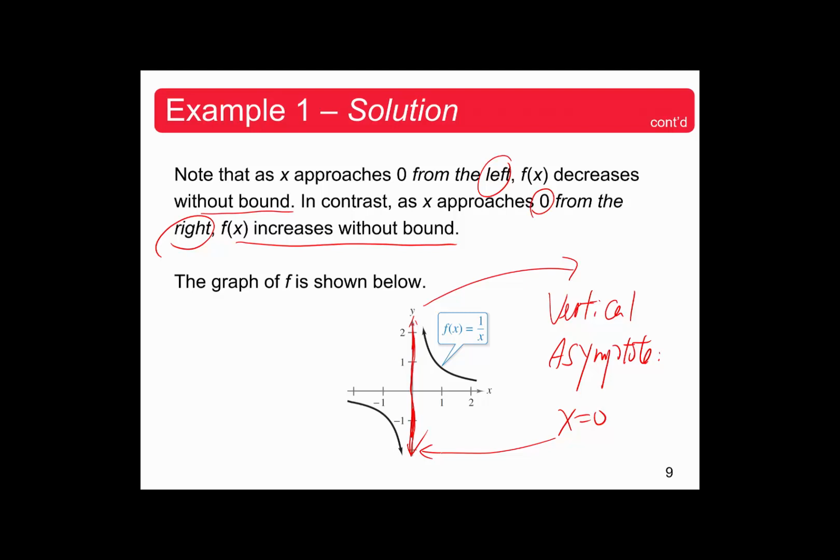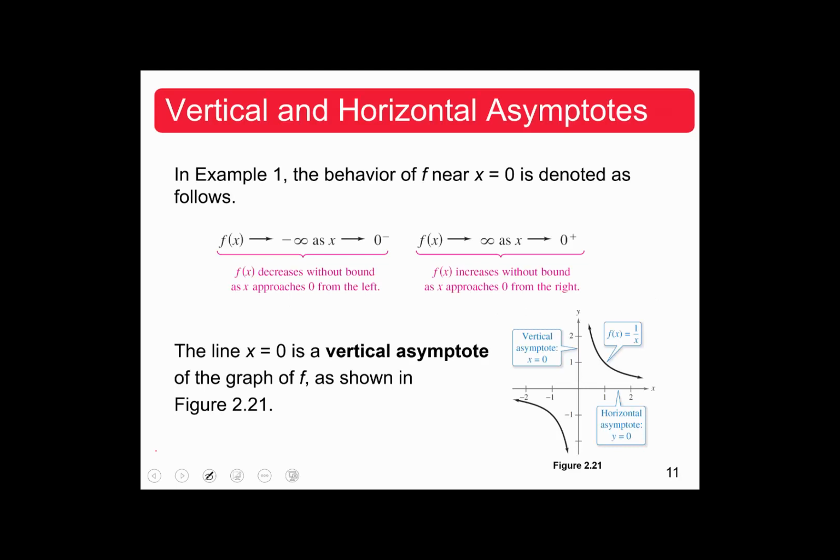Meanwhile, you can also find the domain for a rational function through this process. Let's take a look at vertical and horizontal asymptotes in a more formal way. In the previous example, remember we were doing f of x equals 1 over x.